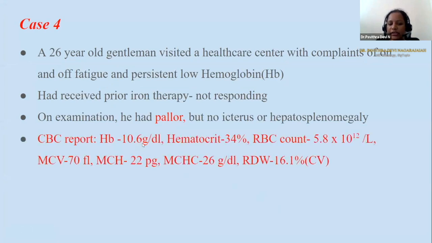Hemoglobin was 10.6 grams per deciliter. Hematocrit was 34%. RBC count was 5.8 million. MCV was 70 femtoliter. MCH 22. MCHC 26. RDW was 16.1. WBC and platelets were within normal limits.